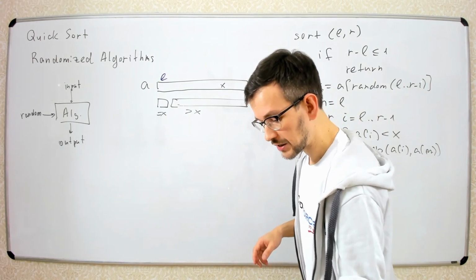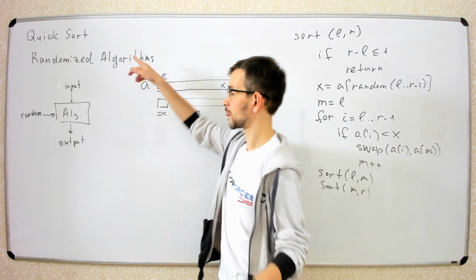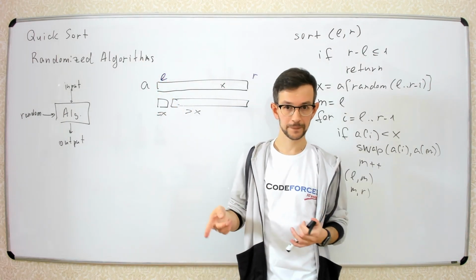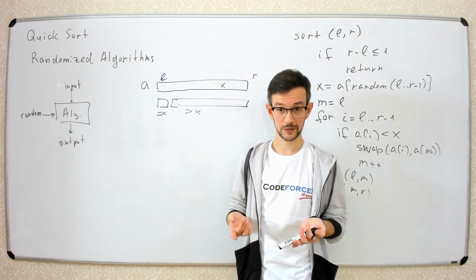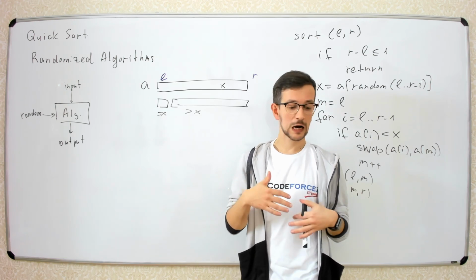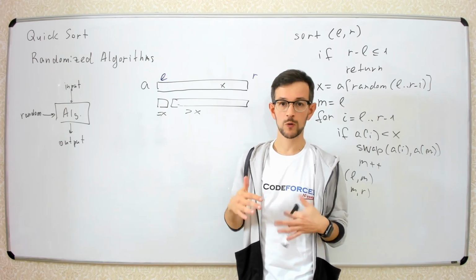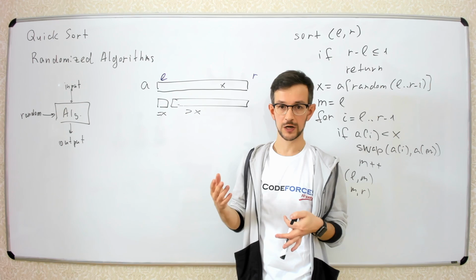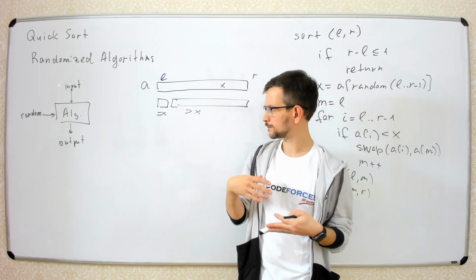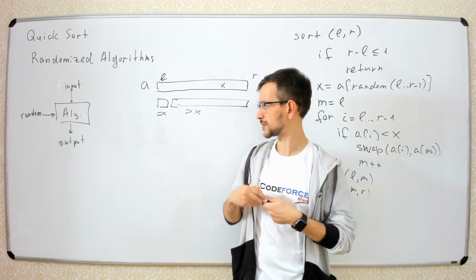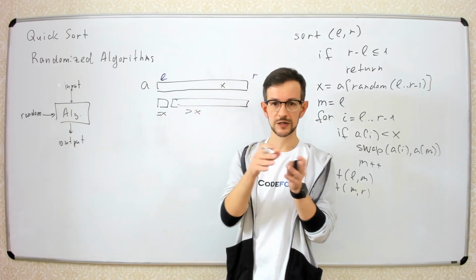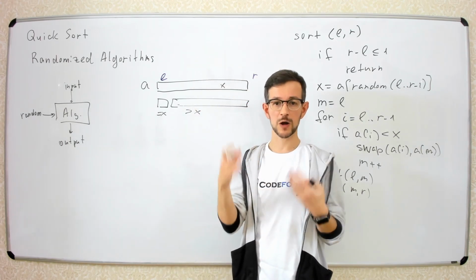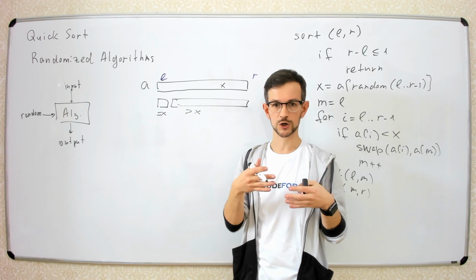So, to measure the time complexity of a randomized algorithm, we will use a slightly different technique because it's randomized. We will measure not the worst case complexity, but the mathematical mean of the time complexity. We'll measure not the number of operations itself, because the number of operations is some random function.